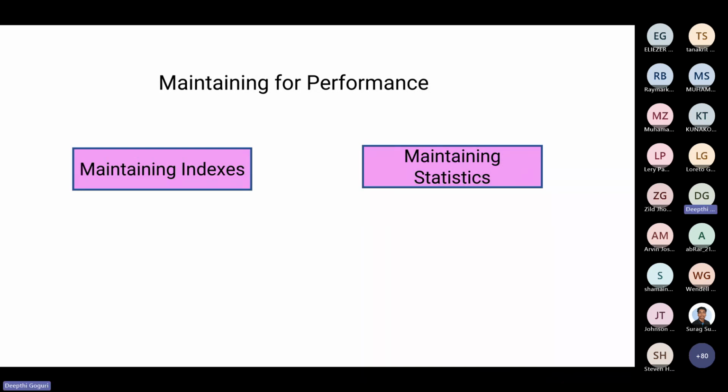So creating the statistics is not the only thing, you need to maintain those statistics, because if you have OLTP systems, your data will be inserted. As your data is inserted, these statistics need to be updated because the flow will change. So maintaining these statistics is really important.